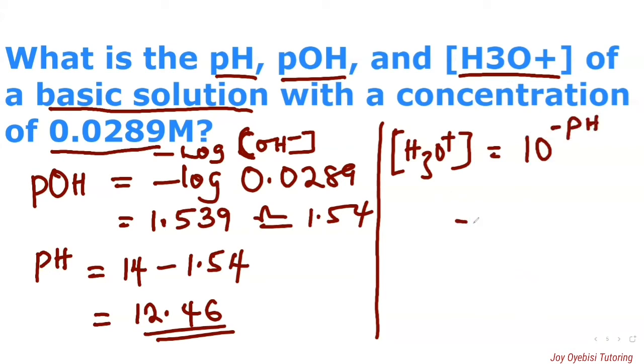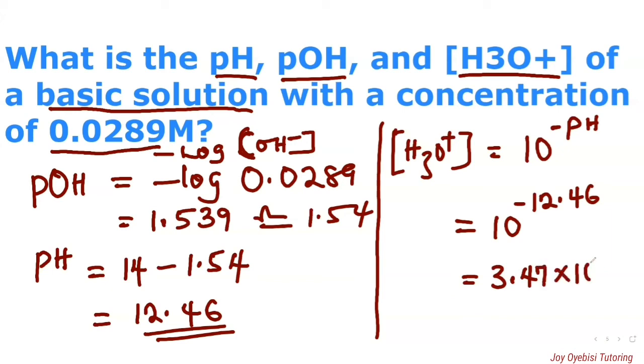Therefore, 10 would be raised to power negative 12.46. And that is going to give us 3.47 times 10 raised to power negative 13 molarity. Okay, so that gives us our hydronium ion concentration.